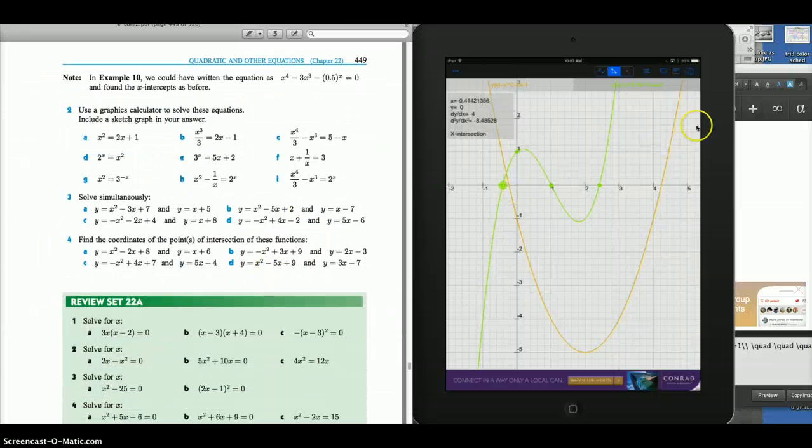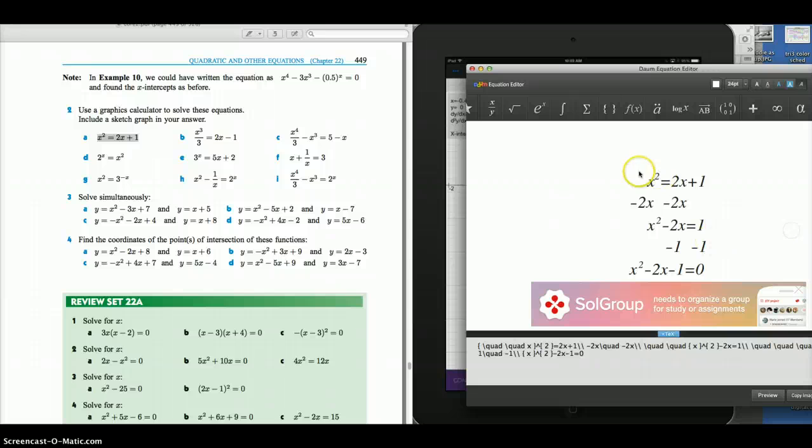Now, in this section too, we have 2 options. We can take this equation here, and we can rearrange it. Subtract 2x from both sides, subtract 1 from both sides, and then we get an equation like this, where everything equals 0, and that's good algebra, right?